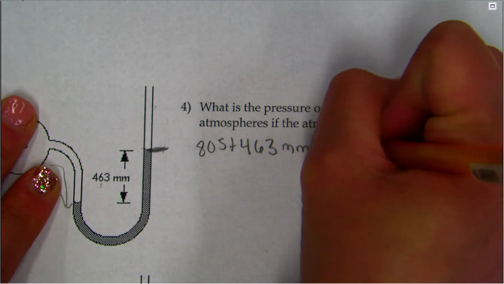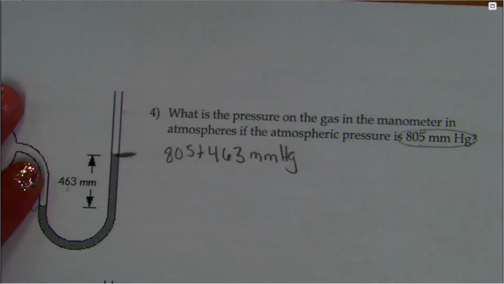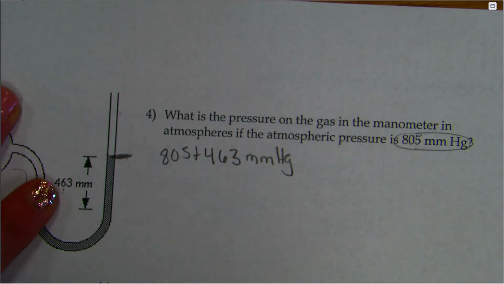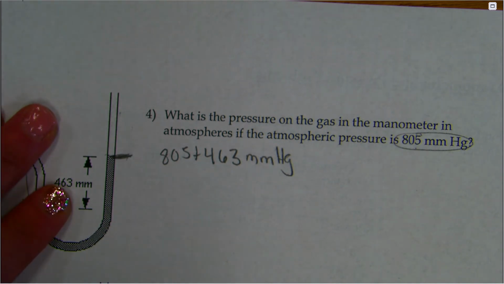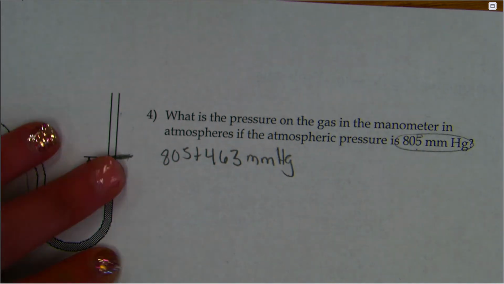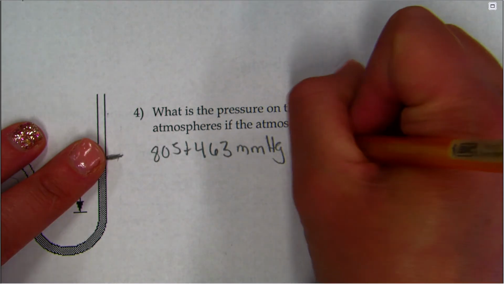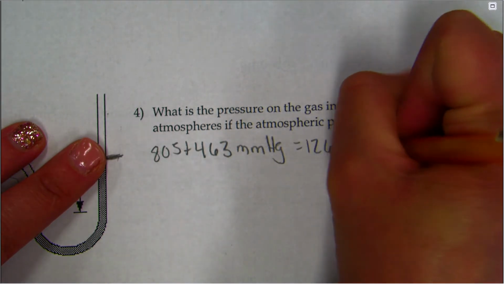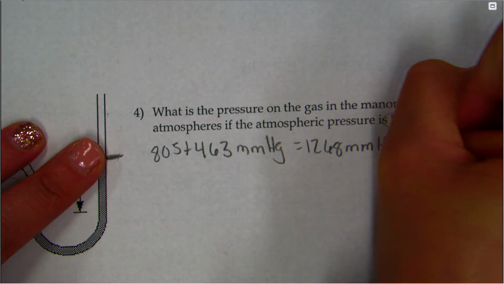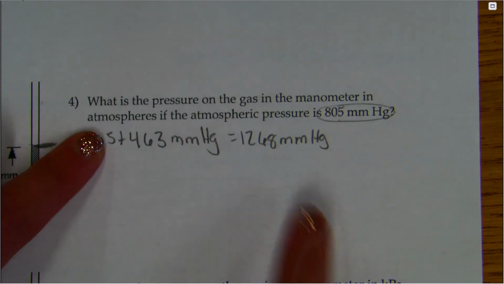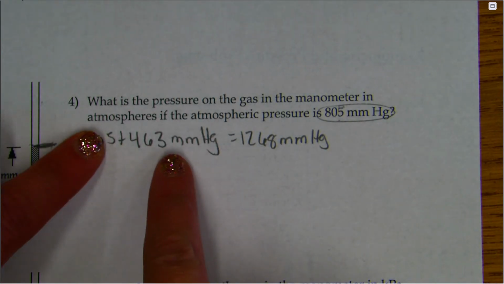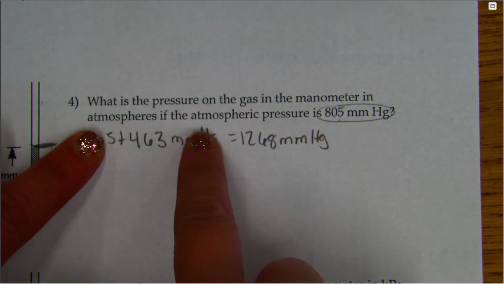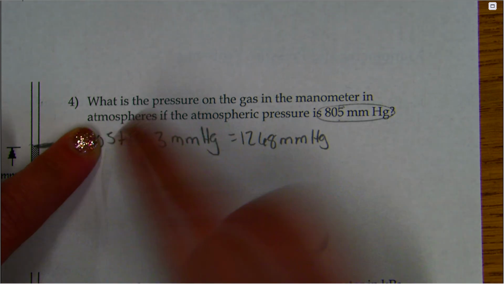There are different ways to solve manometer problems, but to me, it just makes intrinsic sense to decide whether I need to add or subtract. Is my gas greater? In which case I add. Is it less? In which case I subtract. So this gives me 1,268 millimeters of mercury, but it asked me to put it into atmospheres.